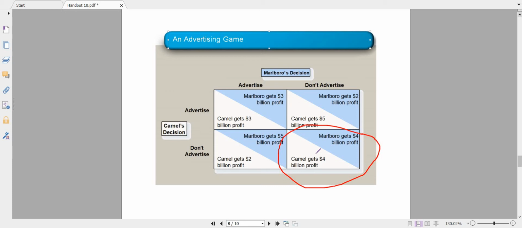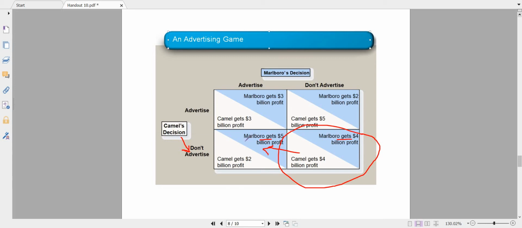You can see for yourself that let's suppose Camel remains true to the agreement and doesn't advertise. Marlboro is going to compare its payoffs, and it's much more feasible for Marlboro to advertise and increase its profit from 4 to 5. So we're going to move from this box here to this box here.